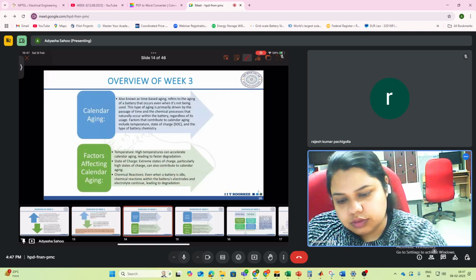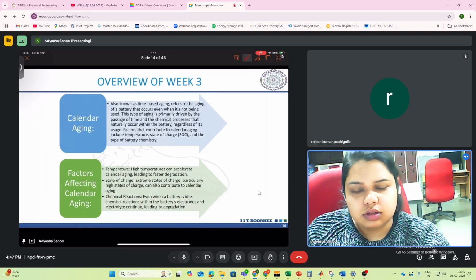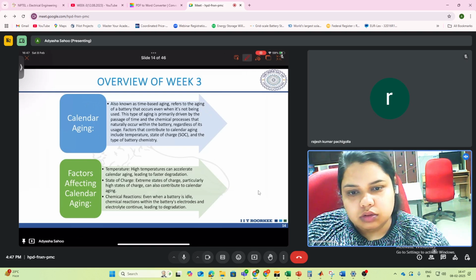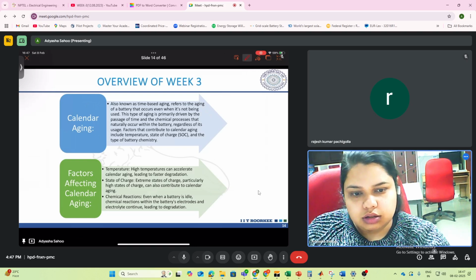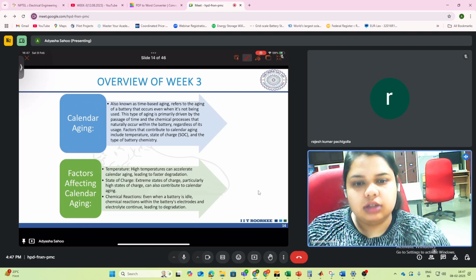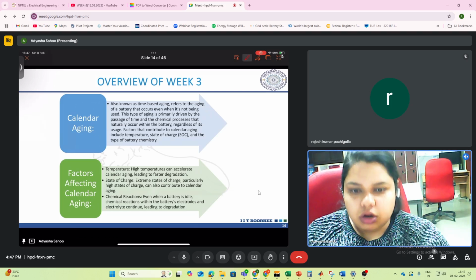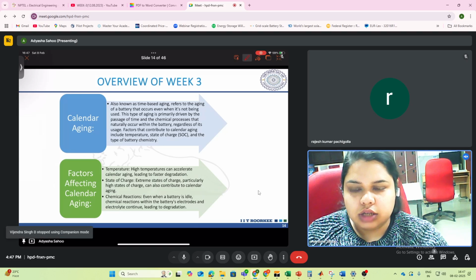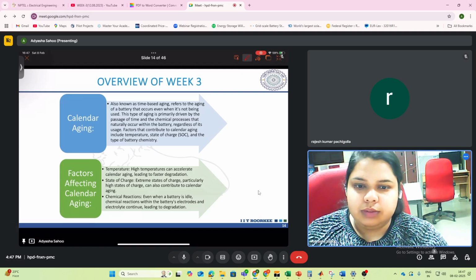Next, these energy storage devices are subjected to the process of aging. There are two types of aging that take place for storage devices. First is calendar aging. Calendar aging means that even if you do not use the device, there is a decrease in its capacity with the passage of time.